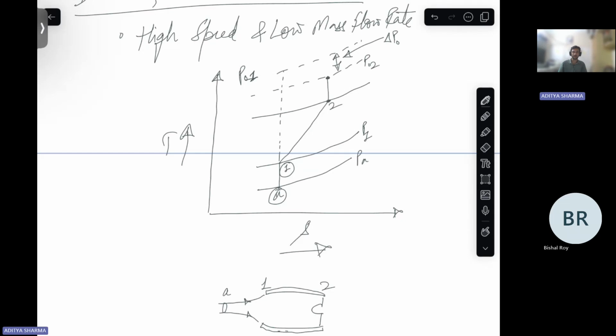Ideally, it should have been P naught 1, but because of loss of pressure, it is reduced to P naught 2.